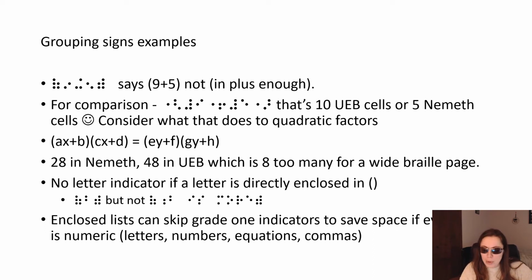No problem. You can write it, you can solve it, you can balance it, you can do things to both sides until you've solved for whichever side you want to solve for. If you try and write that out in UEB Technical, it is 48 cells.